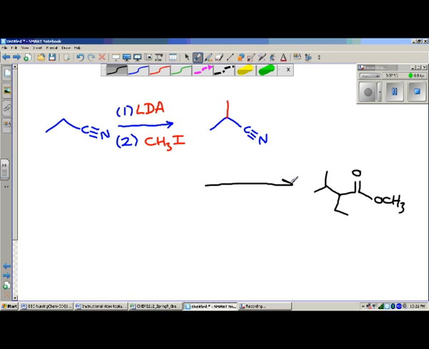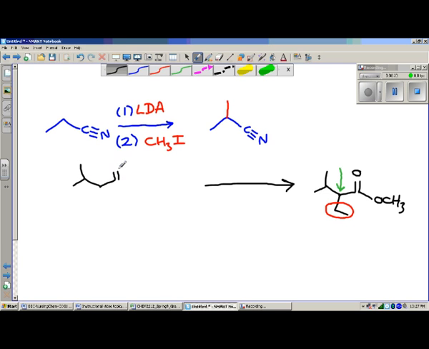Now, it doesn't tell you what to start from, but the key here should be, if the question's saying, can I use a direct alkylation to make this product, then I've got to be looking for one thing mainly. Where is my alpha carbon? And what alkyl group is coming off my alpha carbon? Well, you guys can see that this is the alpha carbon. And so therefore, the group coming off the alpha carbon is this one. In other words, that's the group that must have been added in via an alkylation. So my starting material is going to be this, but without the alkyl group. So let's just draw that out.